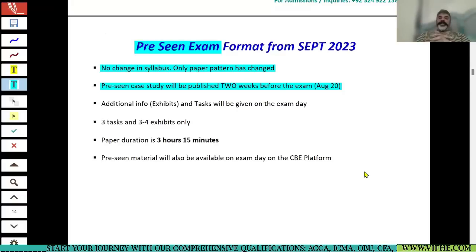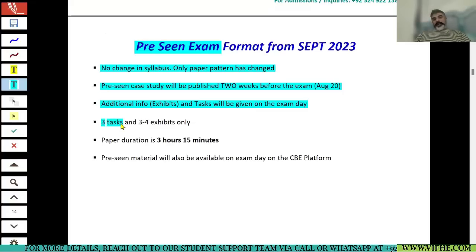So we already know the background of the company, the industry, the challenges, but the requirements will be from the additional information. So we have to pick up information from the exhibits. We can also try and use some of the background information to give a nice holistic answer. Understood? So additional information and tasks will be given on the exam day.